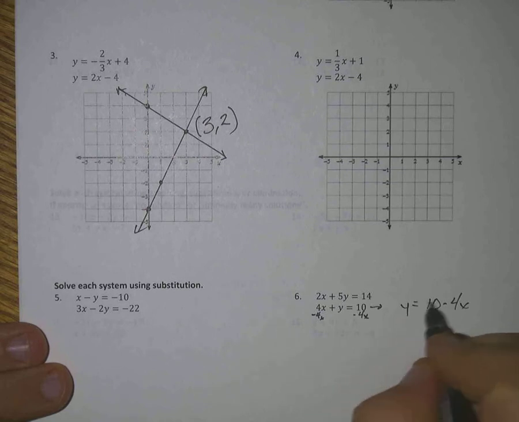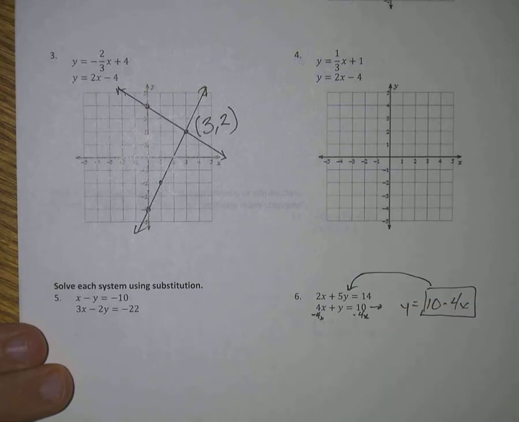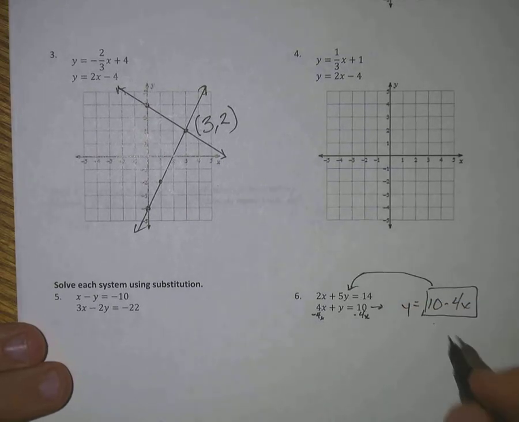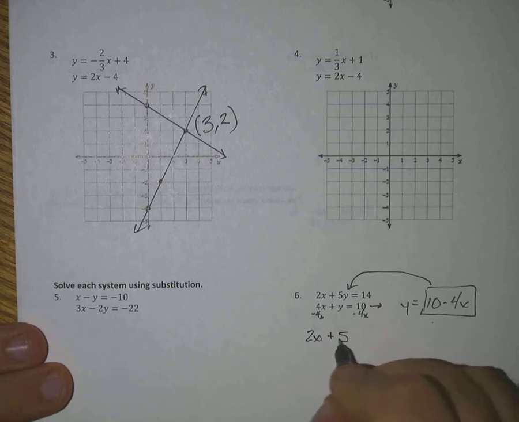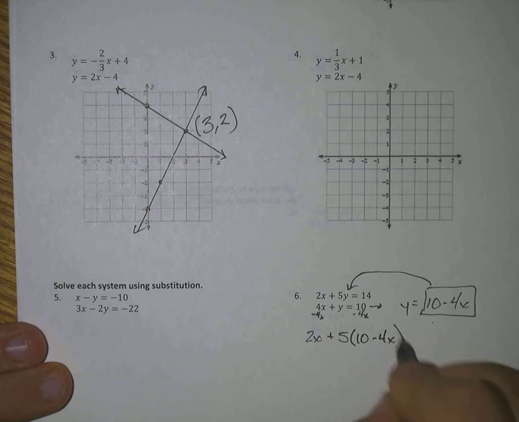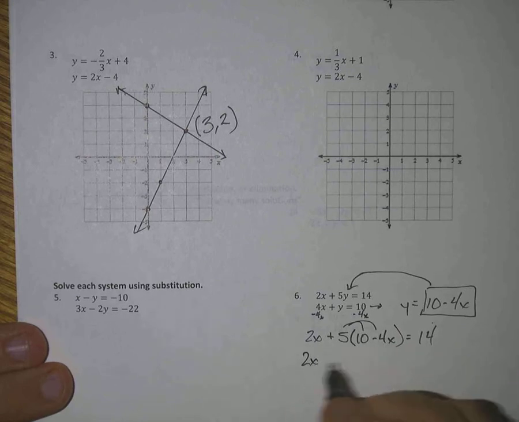So I'm going to go ahead and plug this part in. Okay, 10 minus 4x in for y in that equation. Okay, so now we have 2x plus 5 times (10 minus 4x) equals 14. Distribute. Just like solving equations, I only have one variable in this problem now.